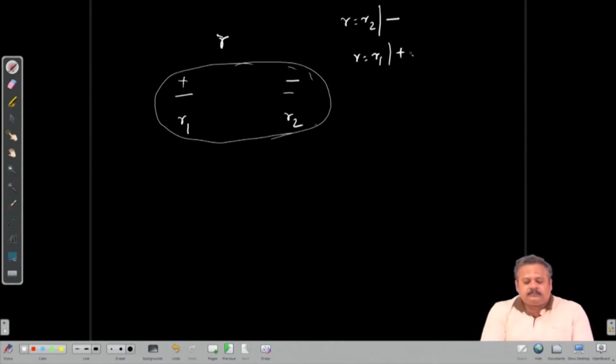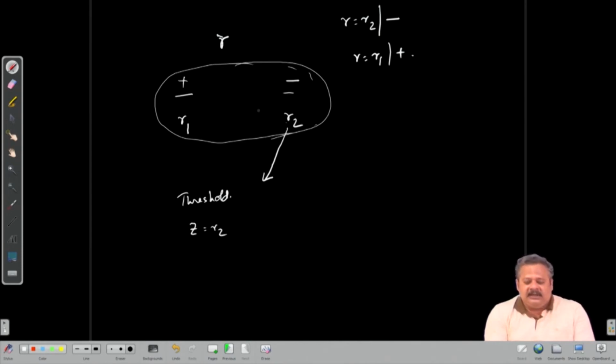And now, if we use the response rate to minus as the threshold, that is, since it is a two alternative forced choice, if the minus is coming next, then this R2 can be made our Z. That is, if R1 is larger than R2, we will say plus stimulus.